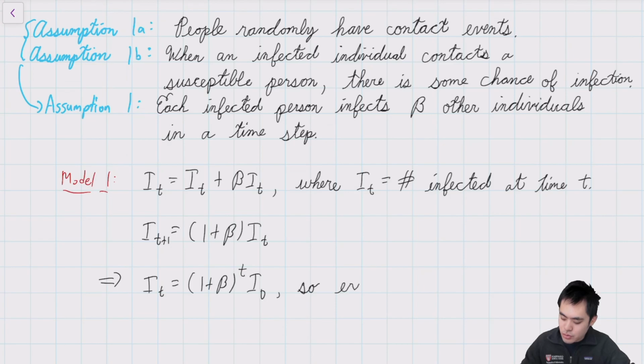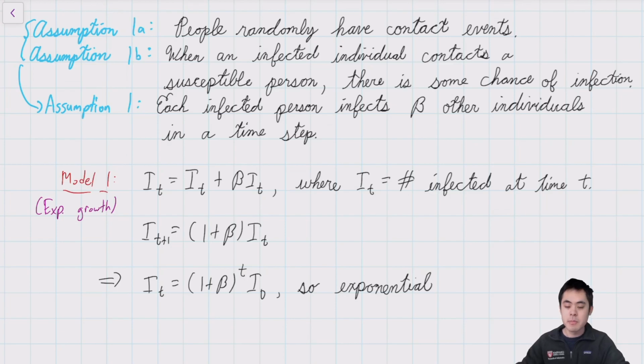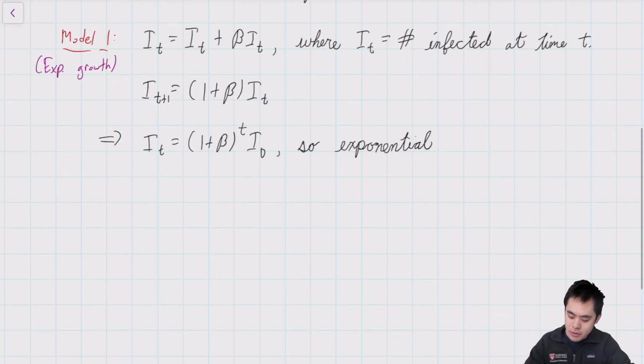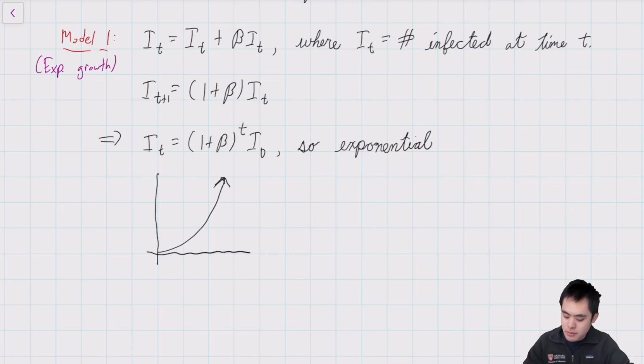So exponential. Okay, so this here is just exponential growth. And that looks something like that. This is t, and this is I sub t.